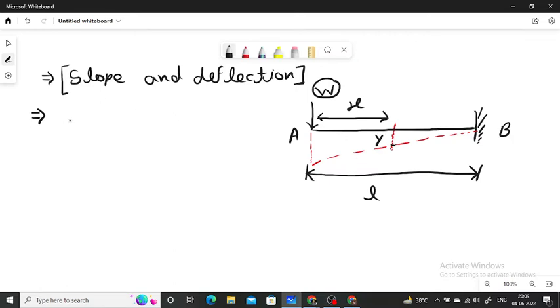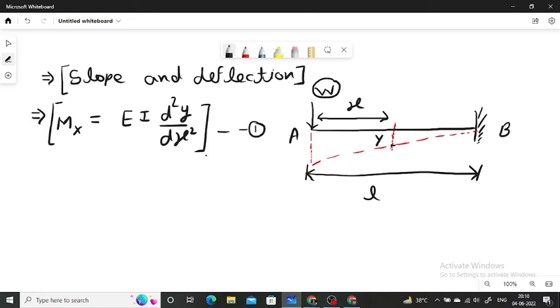Now bending moment about this section will be E into I into d2y upon dx square from above equation, equation number 1, where E is the modulus of elasticity of the beam and I is the moment of inertia of the cross section of the beam about its neutral axis.